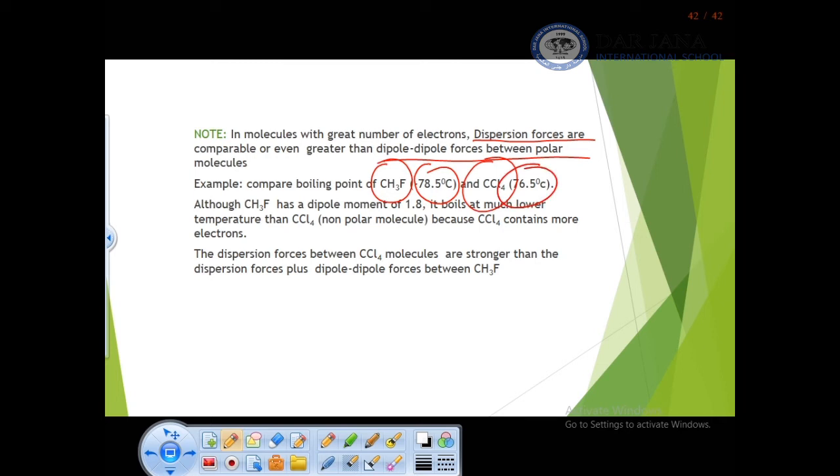CH3F has a dipole moment of 1.8, yet it boils at a much lower temperature than CCl4 because CCl4 contains more electrons. So the dispersion forces between CCl4 molecules are stronger than the dispersion forces plus dipole-dipole forces between CH3F molecules.